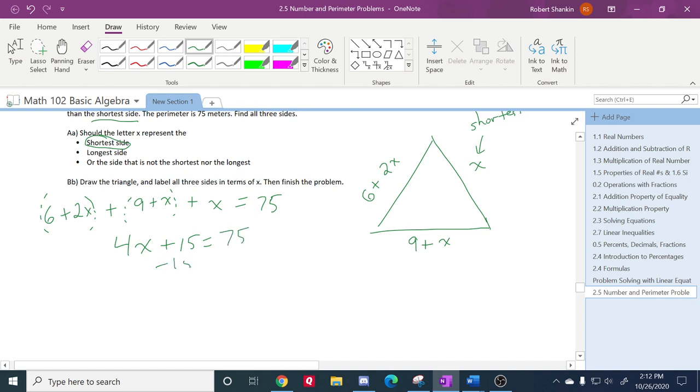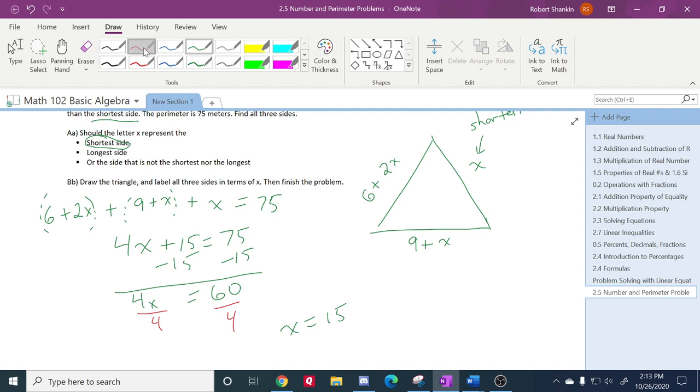And then I'm going to move all the terms that don't contain x to the right. And I'm going to get 4x equals 60. x, 60 divided by 4, that's 15.